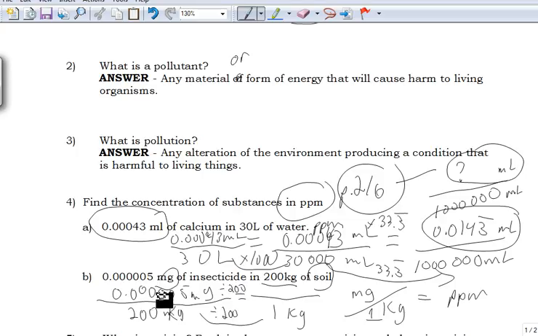So 0.00 divided by 200 is a really tiny number, and a milligram per kilogram is the same, so this is in parts per million. So the answer is 0.123456.